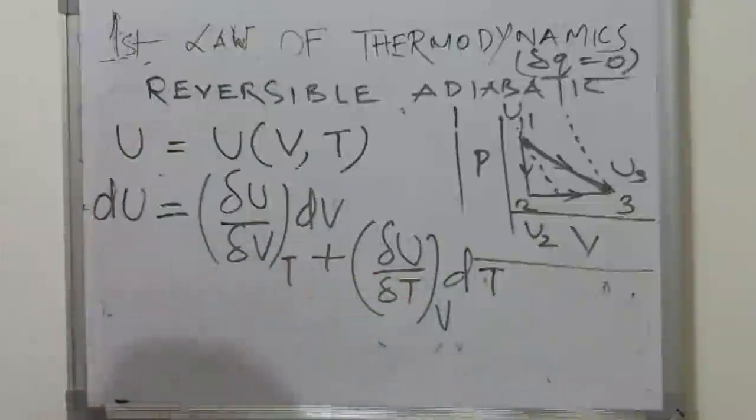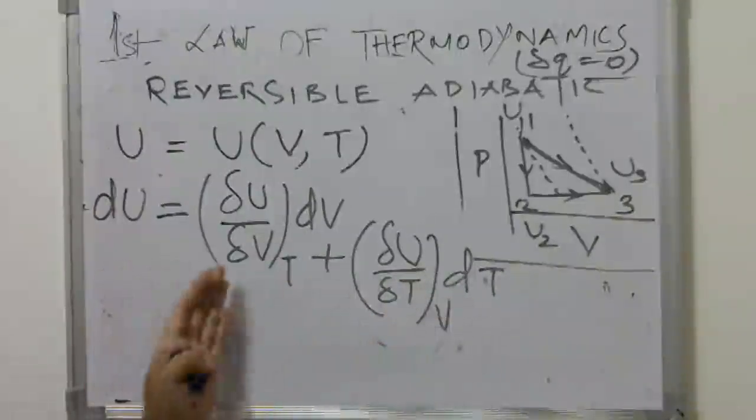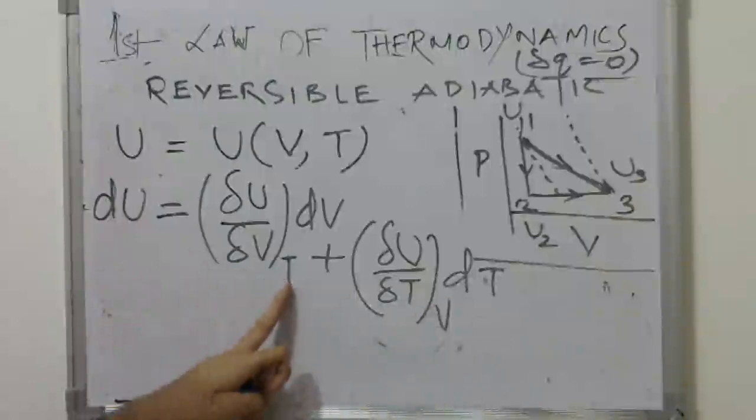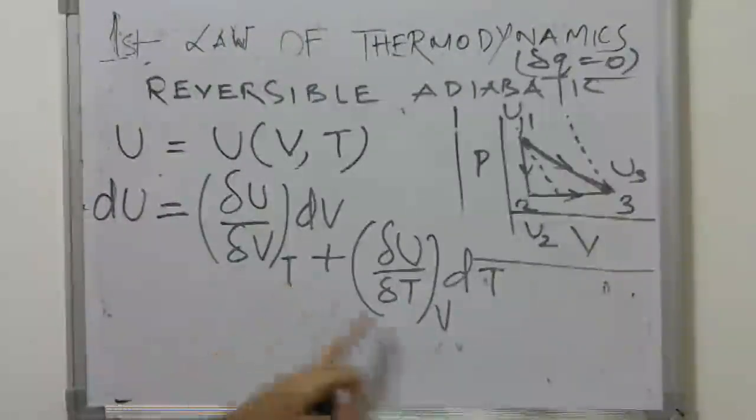So this is what I have. So now look at these expressions. This path has been taken where your temperature is constant, and this is where the volume is constant.